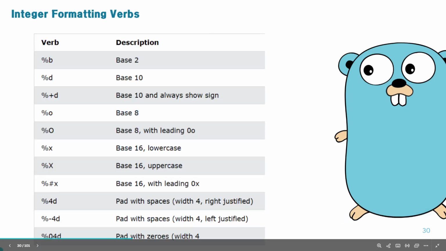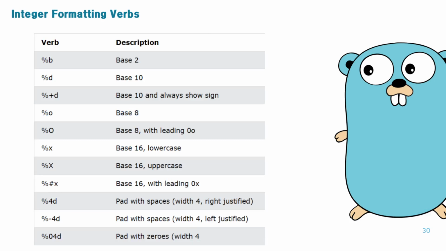Going further, Go provides several verbs for integers also. First goes %b, which converts the integer number or any number to base 2, then %d, which converts the number to base 10, then %+d, base 10 and always shows the sign whether it is positive or negative, and %o, small o, basically to base 8, which is octal format, and %O, capital O, is octal format but with a leading 0o.